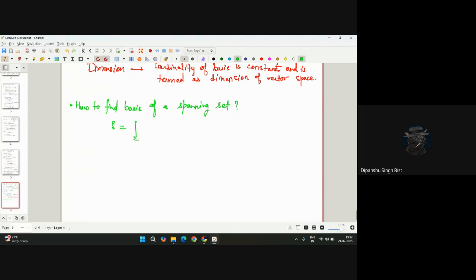For example, S is given as some set. Let's take it as 1, 4, 5 and 1, 7, 8. I should take one example so that I can show what's happening here. Just give me a second.